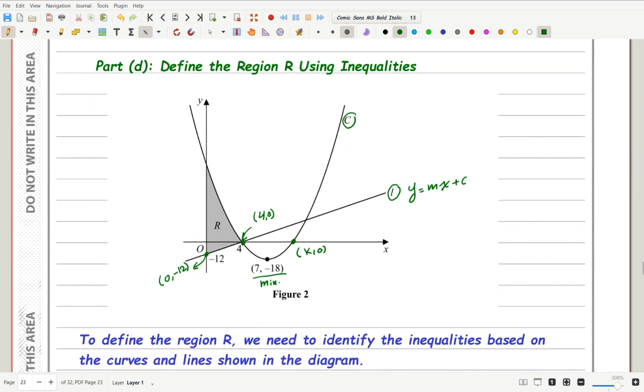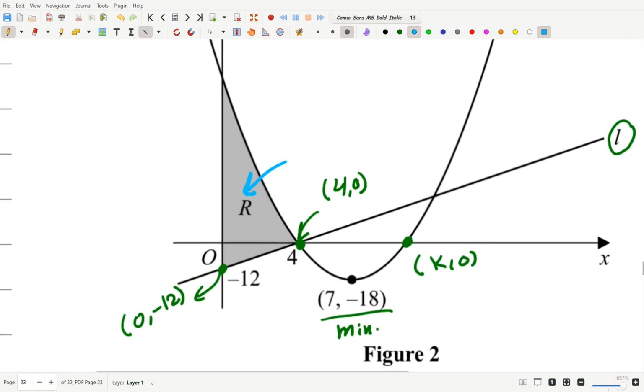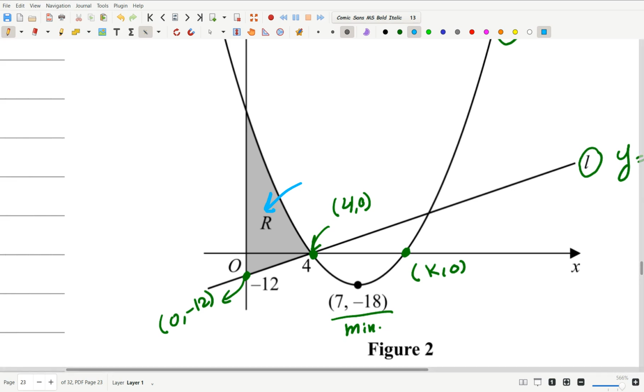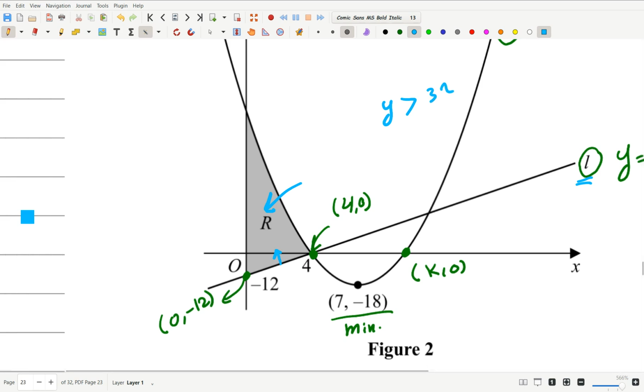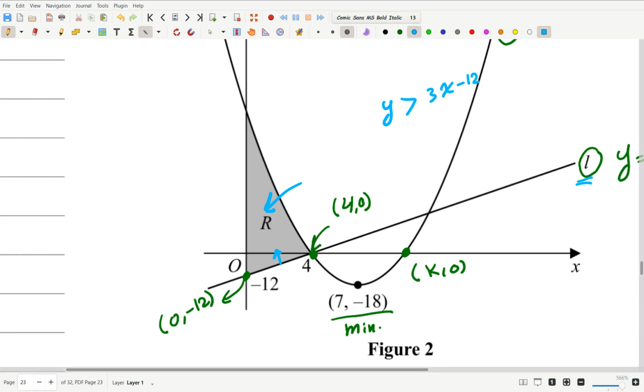Now part D, define the region R using inequalities. This is the graph that we have, and as you can see, this is the region that we need, R. So we have to analyze it. Here we have line L, and the shaded area is above the line L. So y will be greater than the line already given here, which is 3x minus 12.